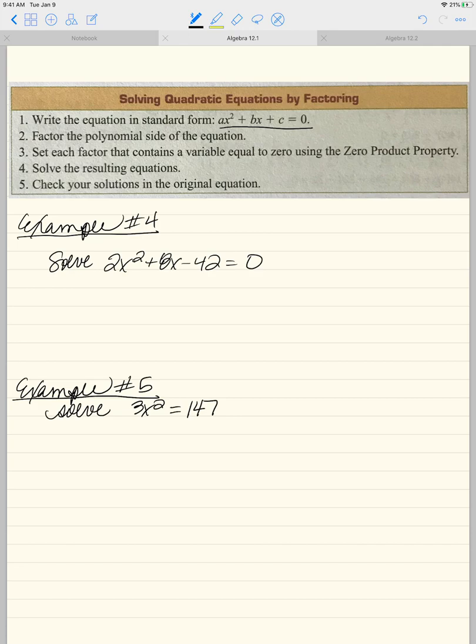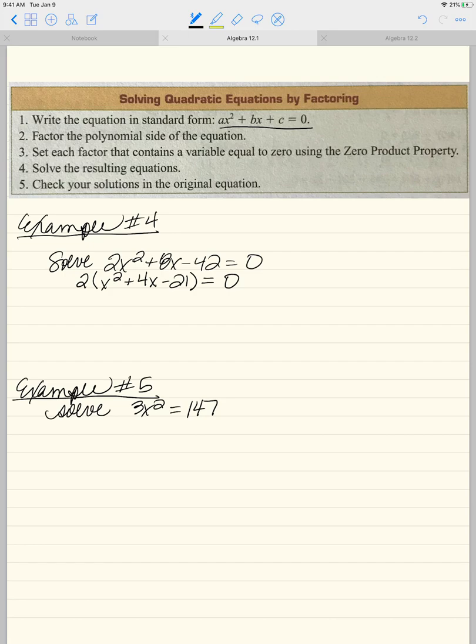Example number 4, solve 2x squared plus 8x minus 42 is equal to 0. This is already in standard form, so step 1 is done for us. Step number 2, factor the polynomial side of the equation. Please note that 2 is a common monomial of 2x squared, 8x, and minus 42. So we're going to factor out that 2 first to start factoring. 2 times x squared plus 4x minus 21 is equal to 0. Now we factor x squared plus 4x minus 21.